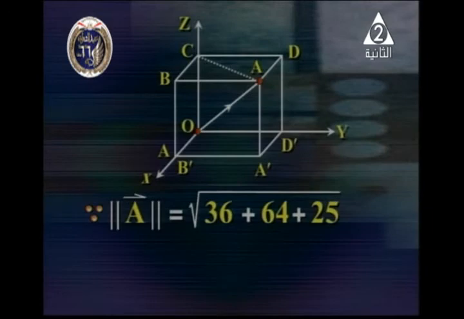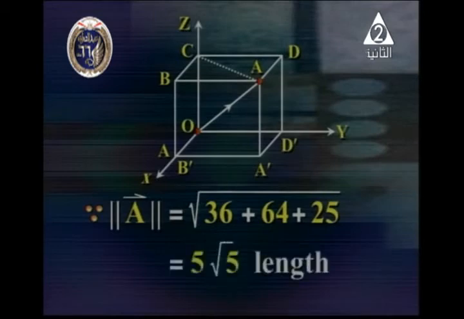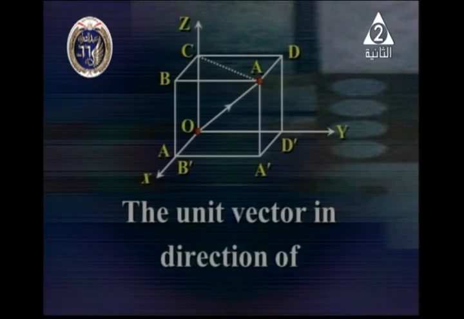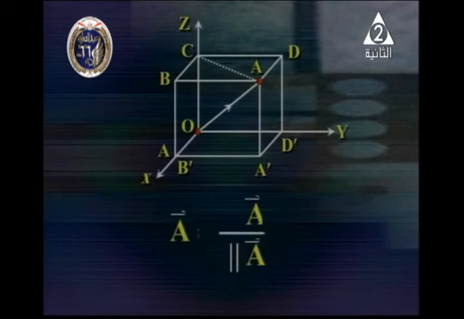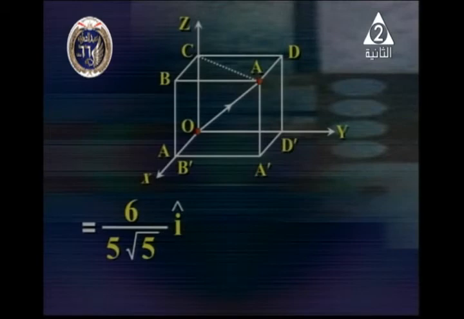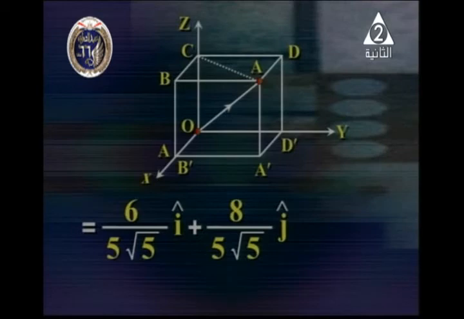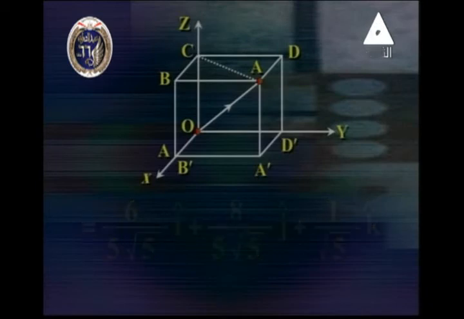Then we find the norm of the vector A by using square root of the first power 2 plus second power 2 plus third power 2, equals 5 root 5. This is the norm of the vector A. After that, the unit vector in direction A equals vector A over norm A equals 6 over 5 root 5 in direction i plus 8 over 5 root 5 in direction j plus 1 over root 5 in direction k.